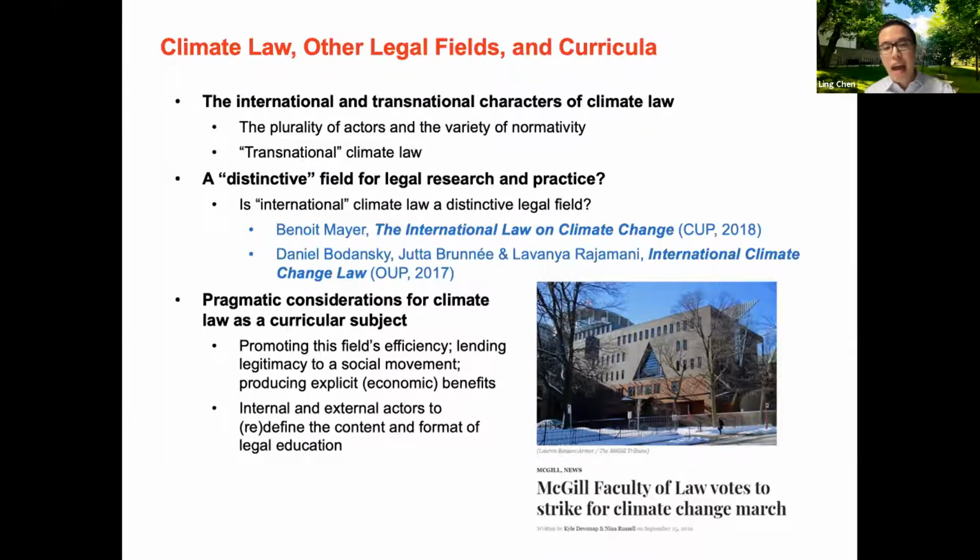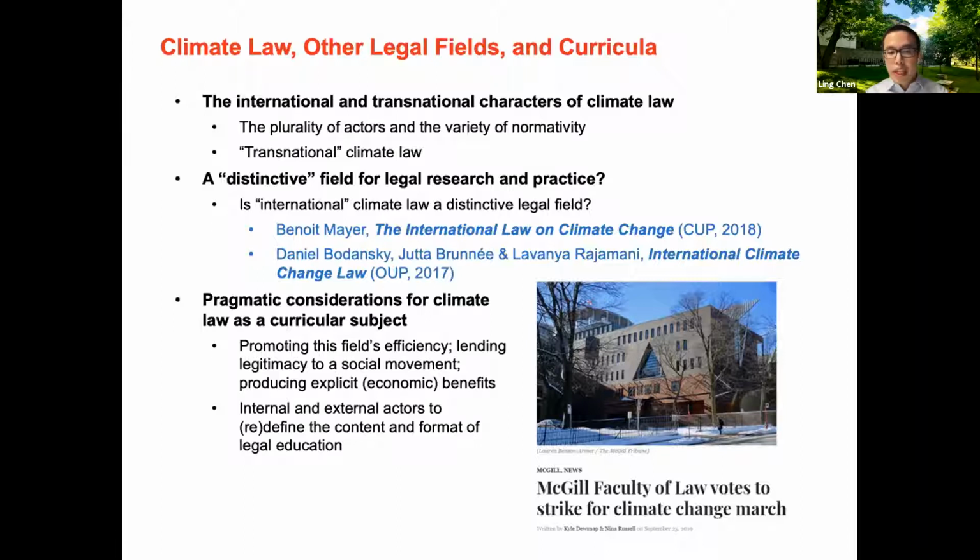Specializing climate law may have other direct economic benefits, for example, getting support from funding agencies, creating job prospects, or sending students a message that climate law is a legitimate and credible area for legal practice. That being said, what to teach at law school is informed by a sum of interests and decisions.